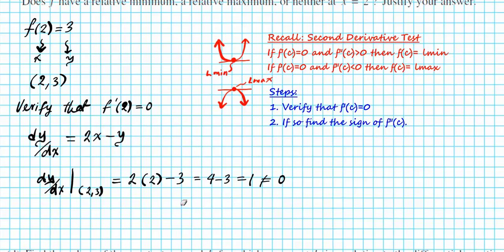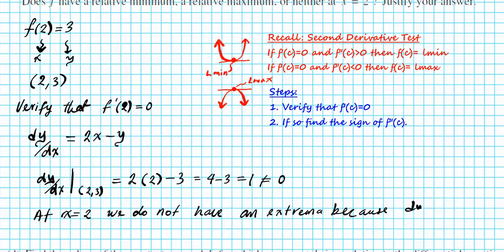So the answer is neither in this case. Okay, so we have to write a statement. We have to justify our answer. So this is what we will say. At x equals 2, we do not have an extrema because dy/dx is not equal to 0.